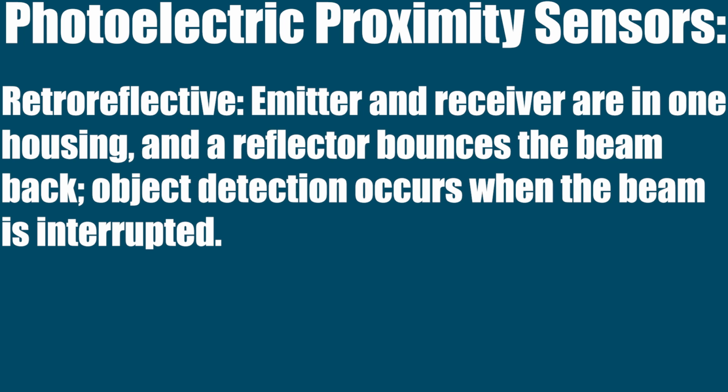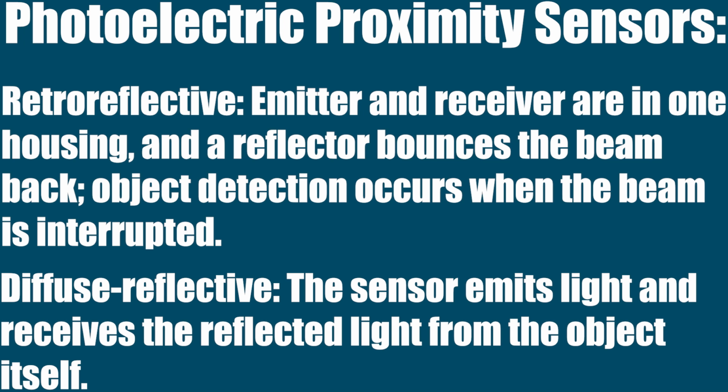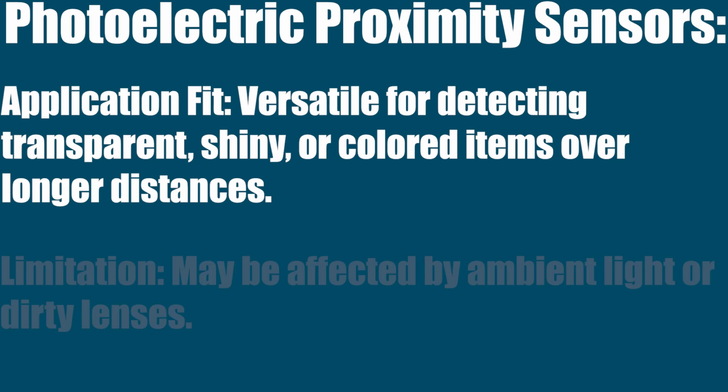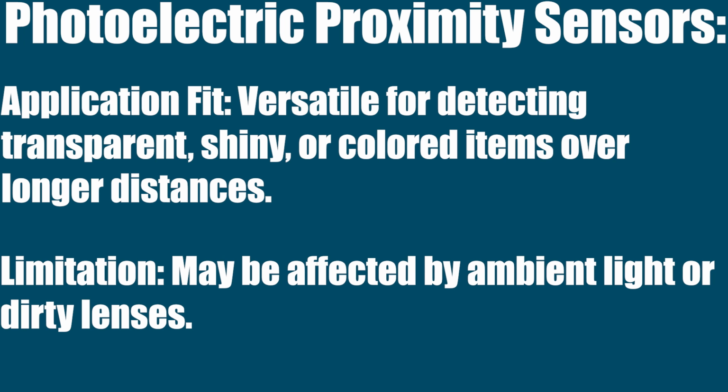Object detection occurs when the beam is interrupted. Then you have diffuse reflective. This sensor emits light and receives the reflected light from the object itself. Its application fit: it's versatile for detecting transparent, shiny, or colored items over long distances. Its limitation: it might be affected by ambient light or dirty lenses.